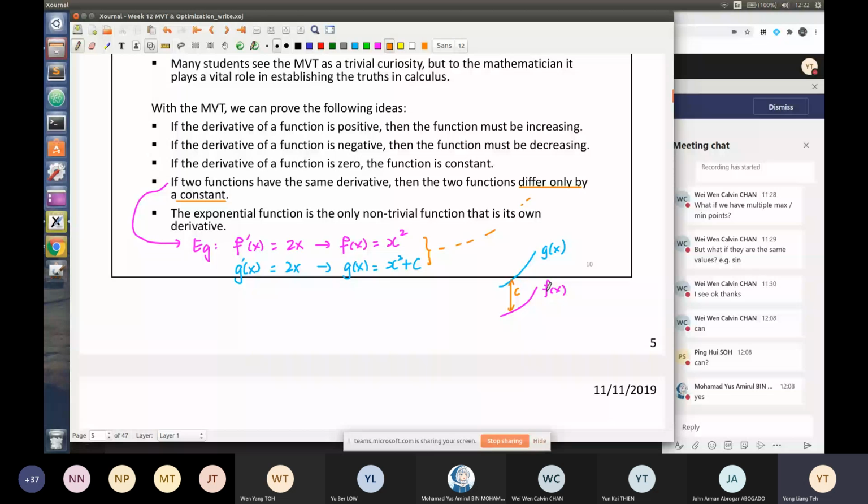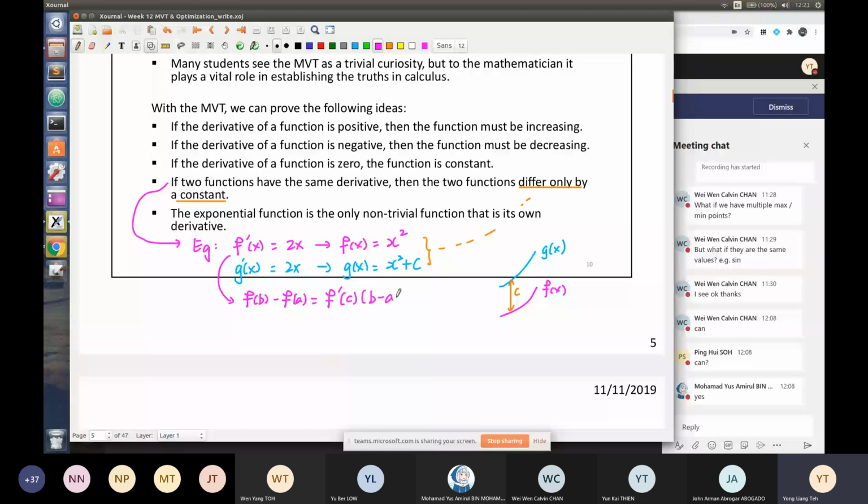By the mean value theorem, f(b) minus f(a) is equivalent to f prime of some c multiplied by b minus a.